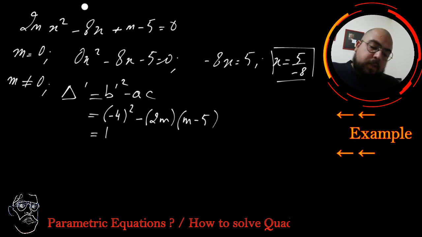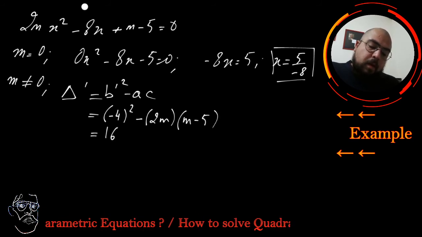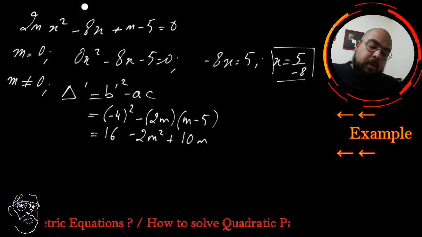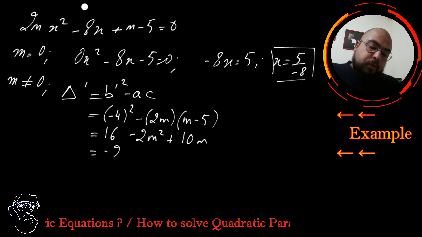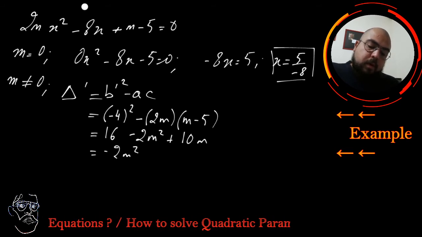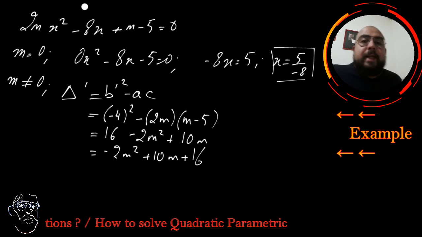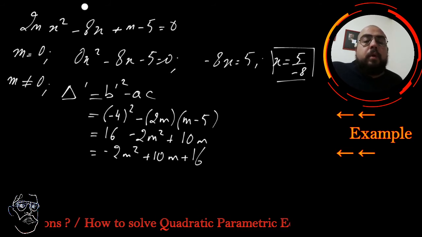So it will be equal to 16 minus 2m squared plus 10m. The expression will be minus 2m squared plus 10m plus 16.